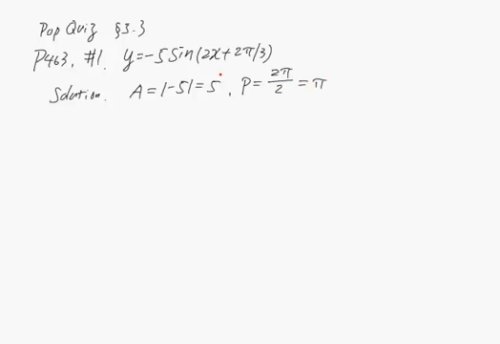To find the phase shift of this function, we need to rewrite this function in standard form. First, we factor out this 2, and then rewrite this as x minus negative pi over 3. Then this negative pi over 3 is the phase shift.